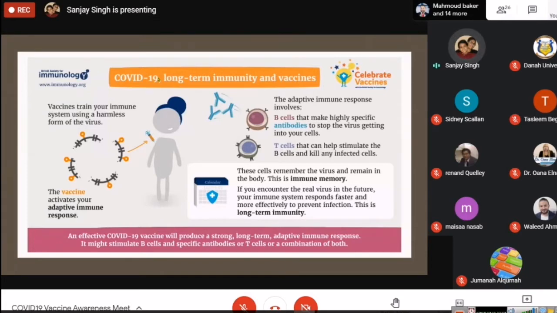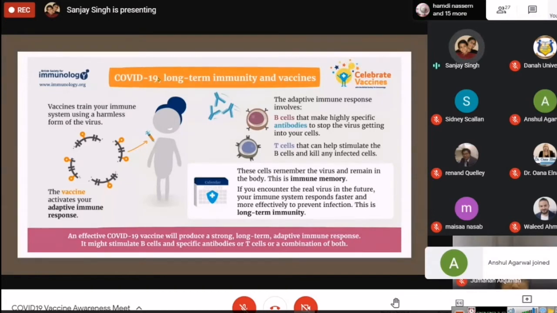So the vaccine activates your adaptive immune response. And the adaptive immune response involves the B cells and the T cells. The B cells make a highly specific antibody to stop the virus getting into your cells. And the T cells help stimulate the B cells and also kill any infected cells.